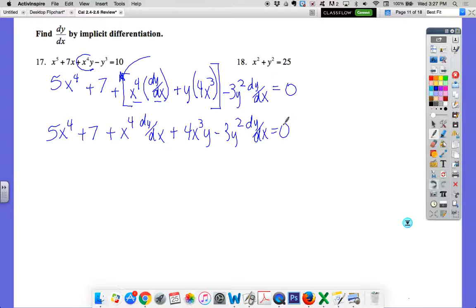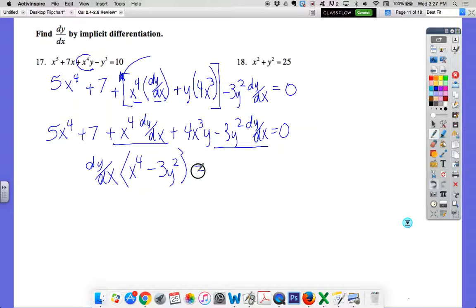Now remember, we need to sort. We need our dy over dx's on one side and our non-dy over dx's on the other side. So while I'm sorting, I'm going to factor. I need this one and this one on this side, so I'm going to factor out the dy over dx while I do it. So x to the fourth, and then minus 3y squared.